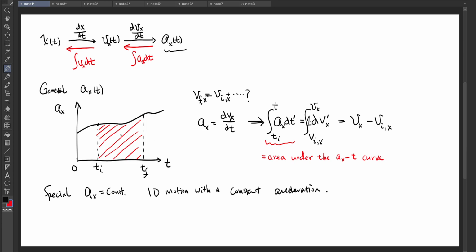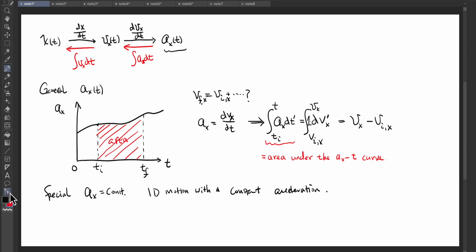So that is the area under the curve. You can say the change of the velocity is given by the area under the axt curve, which is this shaded area. But again, this is a general discussion, that's why I do not have an expression here.